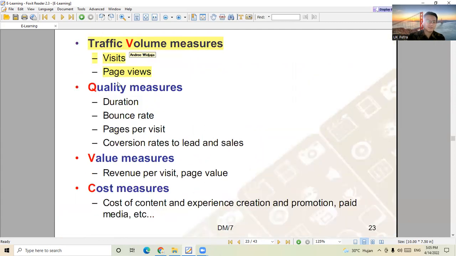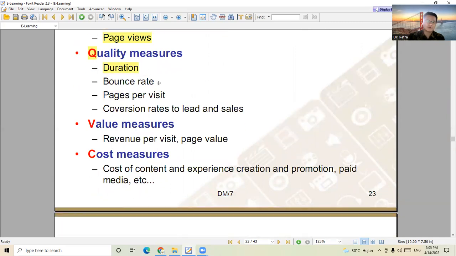The Q is the quality measures: the duration they spend on our website, the bounce rate, how long until the users or customers close our website and move to another website. That's the bounce rate. Pages per visit, conversion rates.